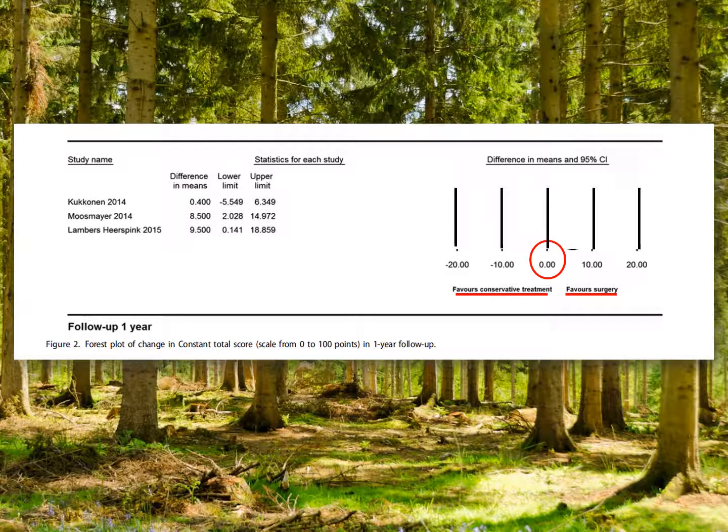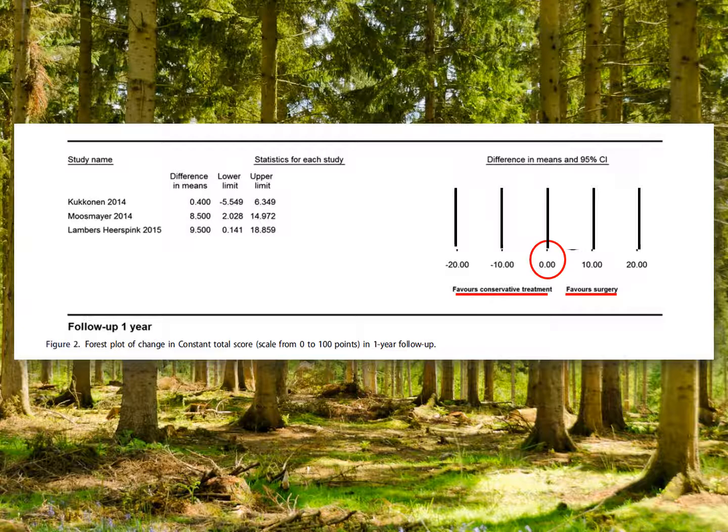And we plot these along the lines. We have the line here circled, which is the line of no difference. Because we're talking about means in outcomes, the line of no difference is 0. To the left favors conservative treatment, -10, -20. And to the right favors surgery, 10 and 20.